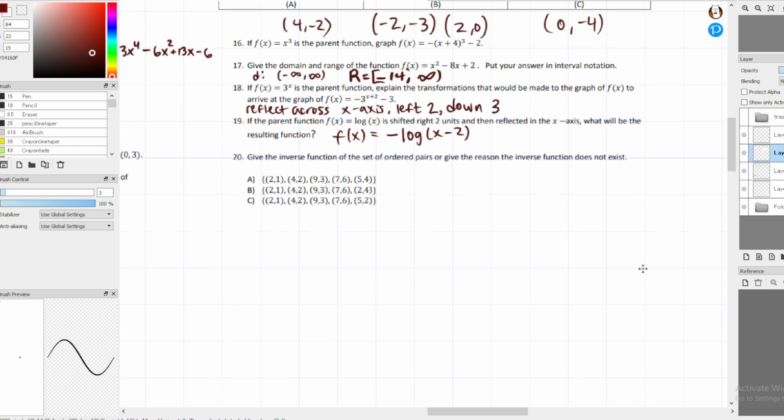20 is asking us for the inverse function of the set of ordered pairs, or to give the reason why the inverse function does not exist. So for this one, you're basically swapping your x and y's, but we do have an issue. An inverse function needs to be 1-to-1, and also a function has to be a function first to have an inverse function. So it has to pass both the vertical and the horizontal line test.